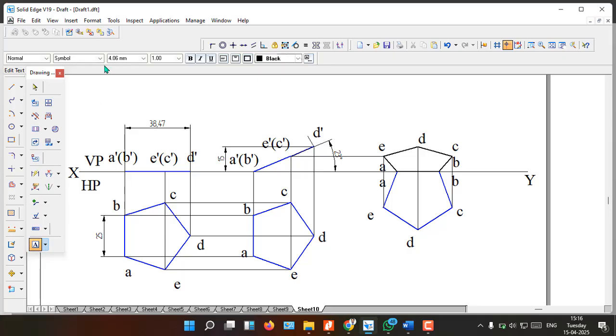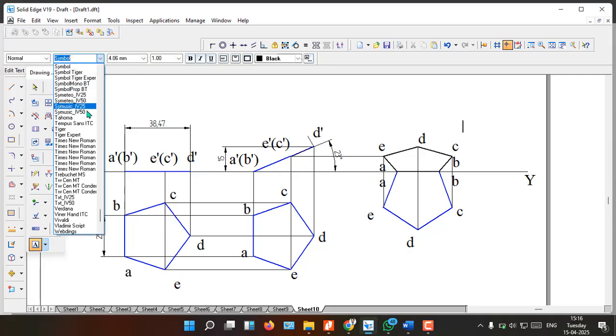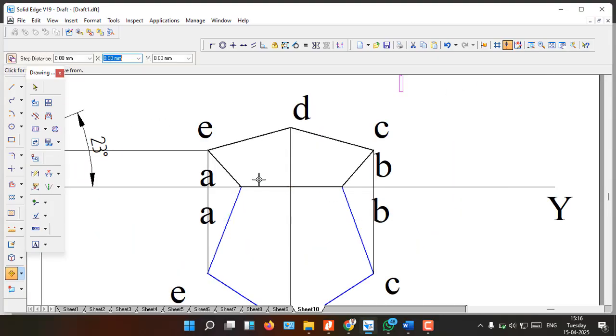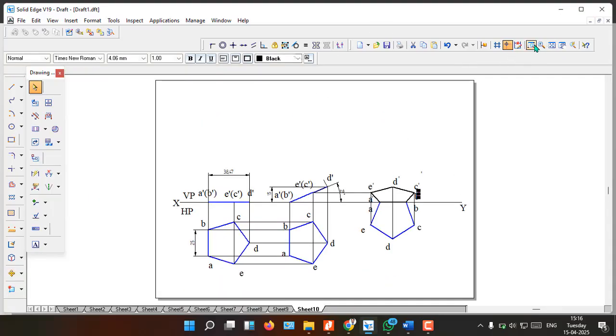So here change it to Roman, because in the previous one we took it as a symbol. So move, a little bit of zoom, A dash. This is exactly how we get the third position.